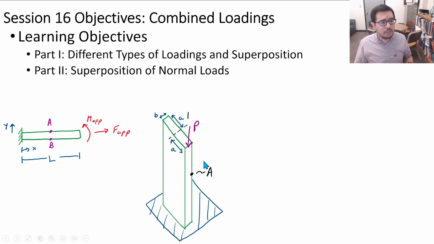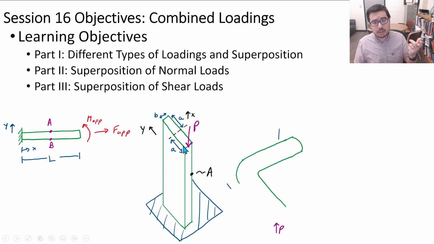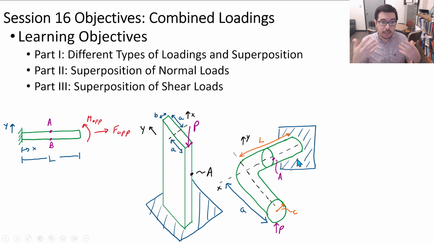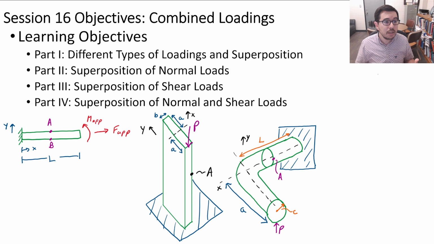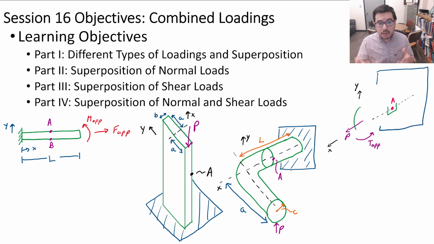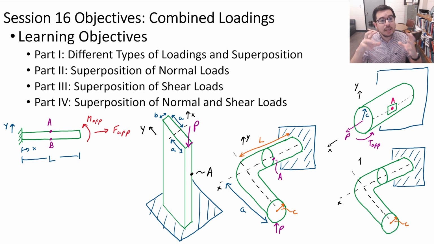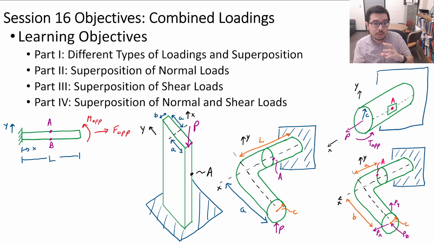And then after that, we looked at the superposition of shear loads, calculating how these shear stresses add up and get the resulting shear stress at a particular location. And this last portion that we just covered has to do with coming up with the state of stress at a location, where you're adding normal stresses to each other and adding shear stresses to each other.